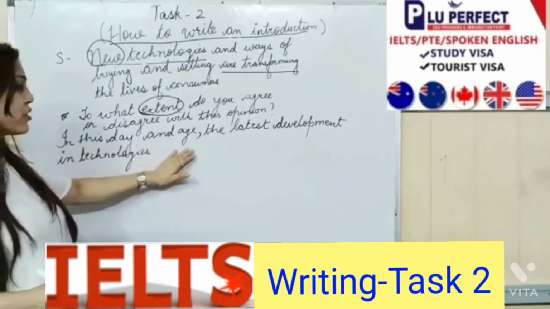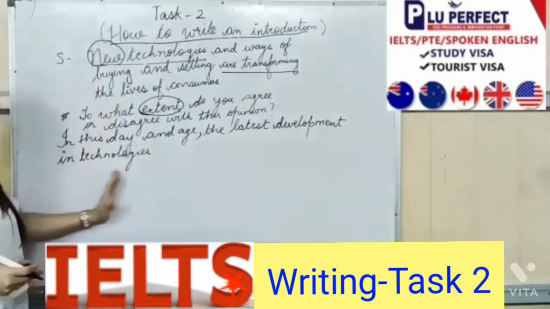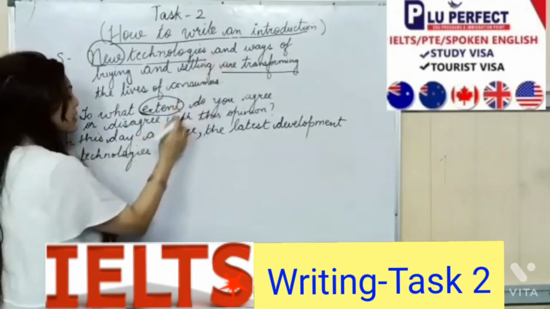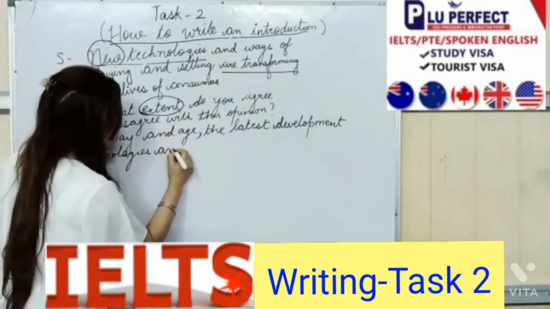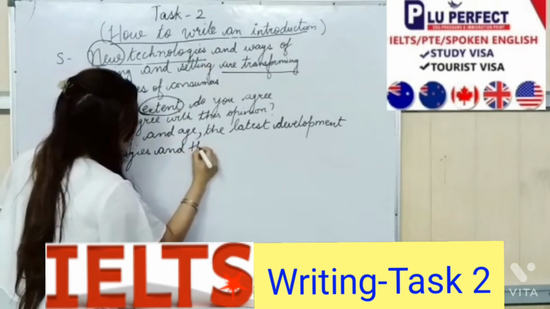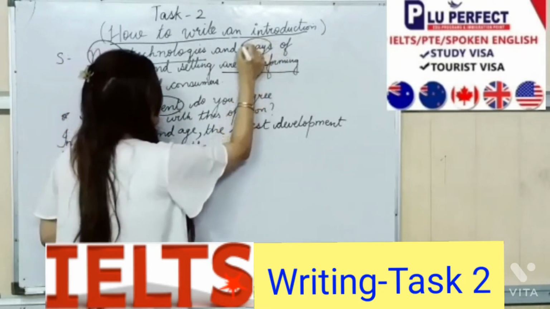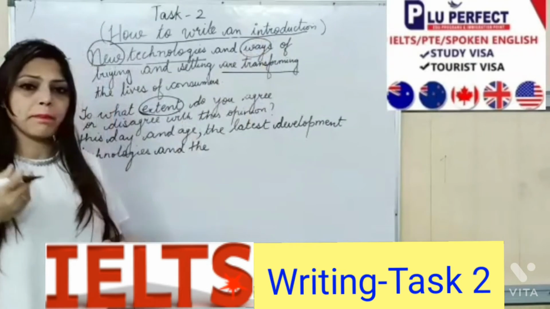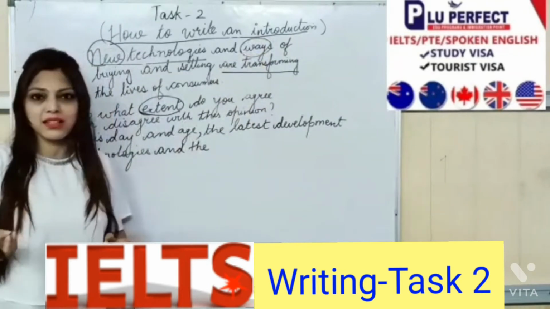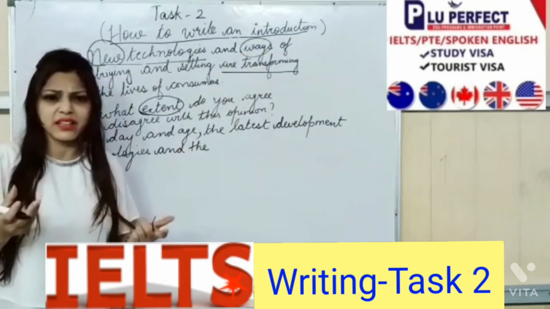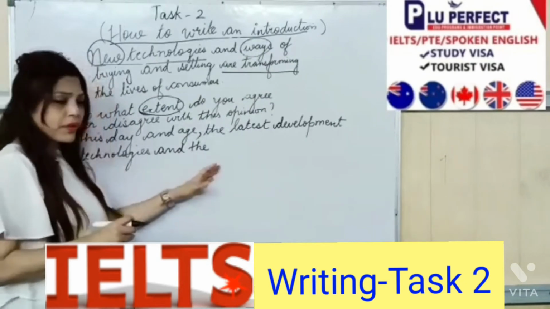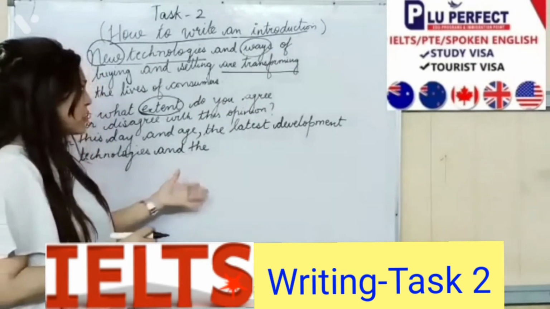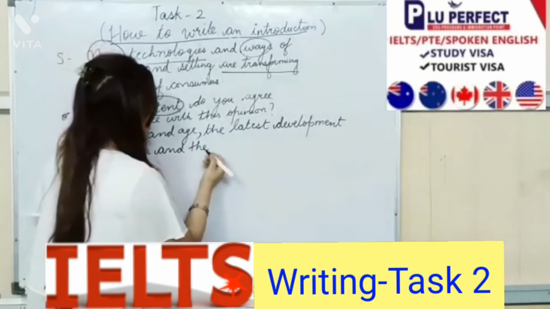So in this day and age, the latest developments in technologies, and again I'm going to use the word and as it is, and the ways. Ways we can say method, process, mediums, anything appropriate.